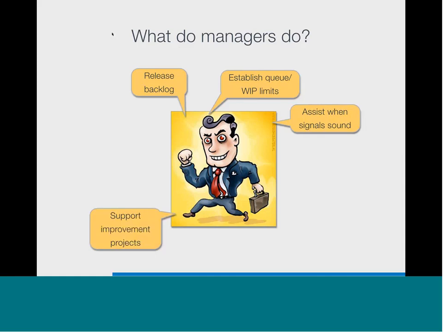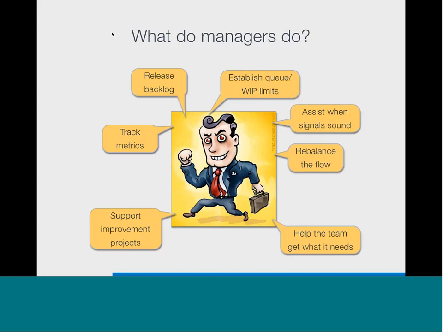They have a tremendous role in supporting the improvement projects for continuous improvement, helping the team get what it needs. If the flow gets out of balance, either short term or because improvements have changed how much work is done where, then they help rebalance the flow, track the metrics, a lot of which are generated automatically by the Kanban system. So they'll track those to make sure that the performance is there.